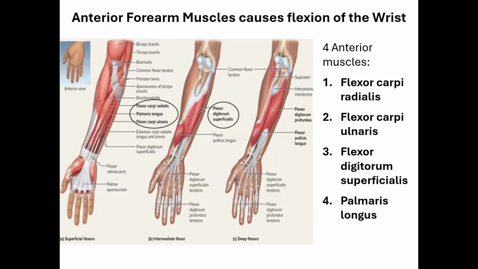We're going to call that flexor digitorum. And then there's one muscle which I don't have anything to help you with, just think of it as the weird muscle. It's called the palmaris longus. So these are the four flexor muscles in the forearm.